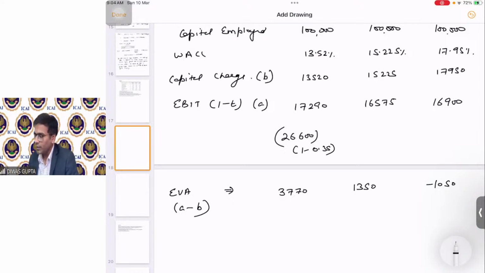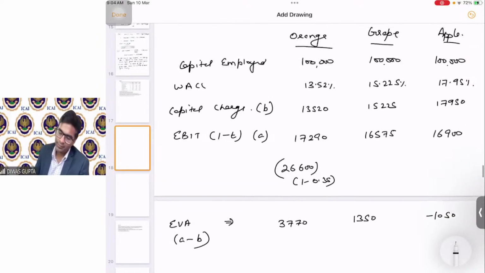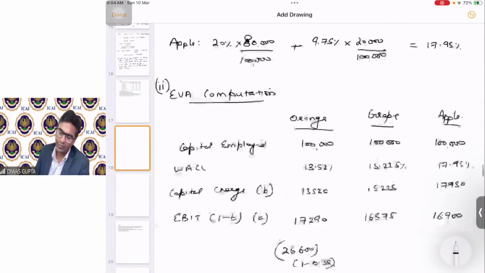Very nice, Jyoti. 3,770 for orange, grape is 1,350, and apple is minus 1,050. Very good. Jyoti, your answers are correct. So orange, grape, and apple, the EVAs are 3,770, 1,350, and minus 1,050.